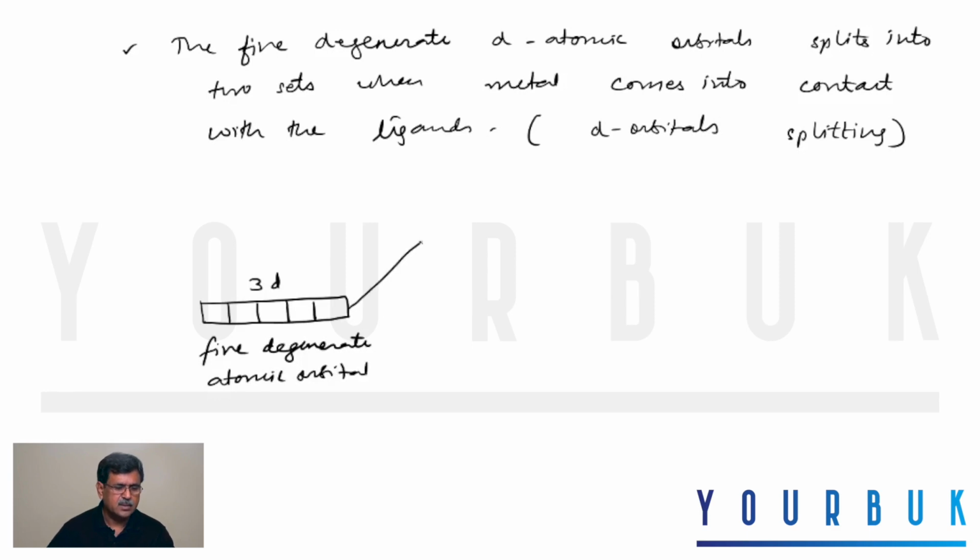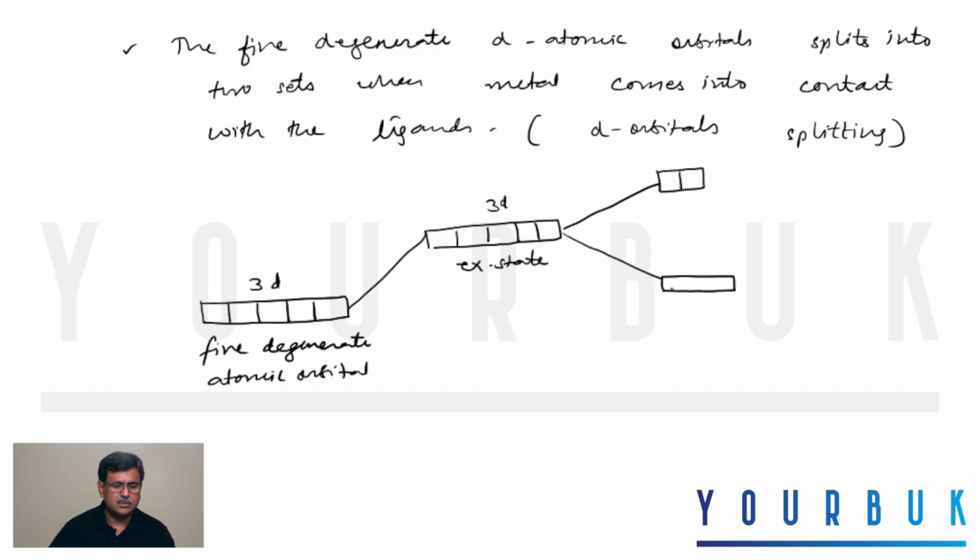They get excited when the ligand starts approaching the metal atom, but still they are degenerate. This is called the excited state, and finally this splits into 2 sets, a set containing 2 d atomic orbitals and a set containing 3 atomic orbitals.